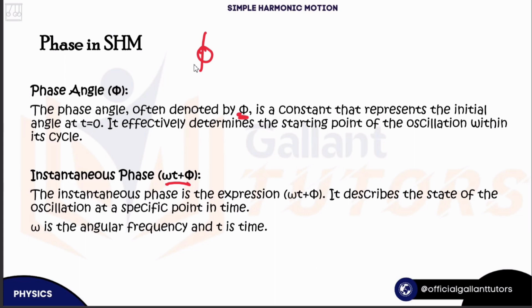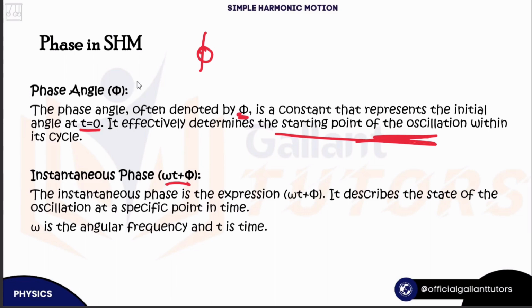It's a constant that represents the initial angle at t equal to 0. It effectively determines the starting point of the oscillation within its cycle. So one thing about the phase angle is that it gives you information about the starting point of the oscillation in this circle.